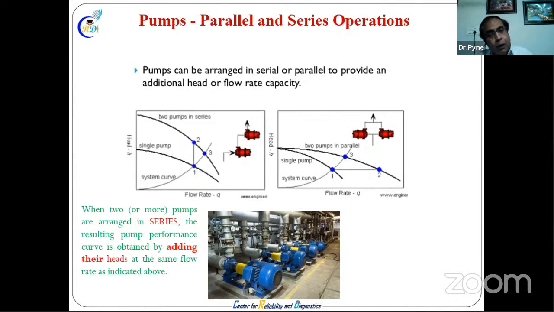So flow will be the same, but we are increasing the head. With two pumps, 1 and 2 are supposed to be double, but you will not get double head. You will get less head, because it will come to the 3 point, since it has to encounter the system curve. So ultimately, even with more pumps, you will get the pressure up to here, not this. This is all about parallel and series operation.